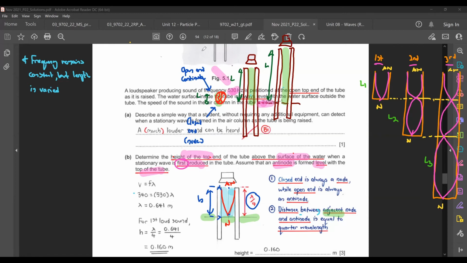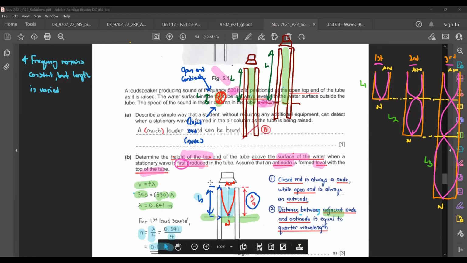So we use v equals f lambda, 340 equals 530 times lambda. Lambda is 0.641 meter. So now we can proceed to find out what h is. h is lambda over 4, which is 0.641 divided by 4, giving us 0.16 meter. And there we have it. Okay, so this one is okay.